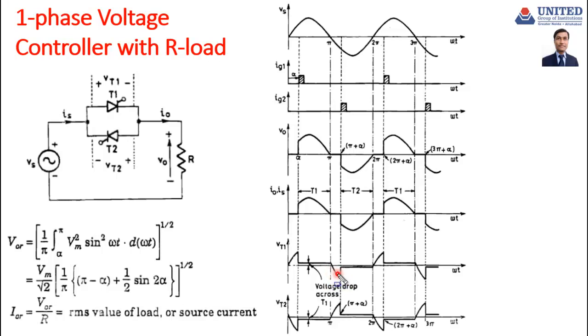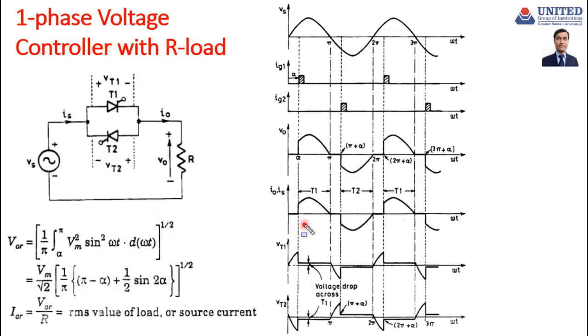From pi plus alpha to 2 pi T2 conducts, therefore T1 is reverse biased by the voltage drop across T2, which is about 1 to 1.5 volt. So the voltage drop across T1 and T2 will be a very low value. Similarly, we can draw the voltage across thyristor T2.